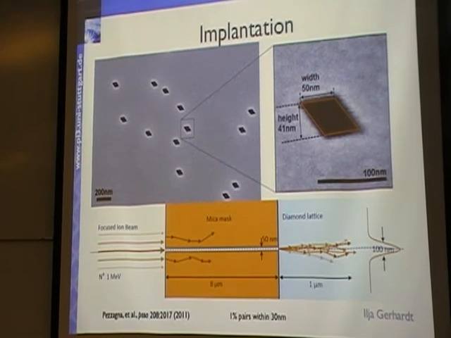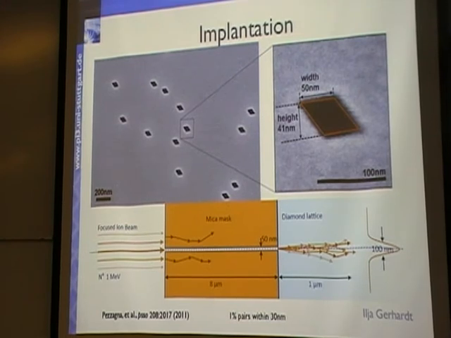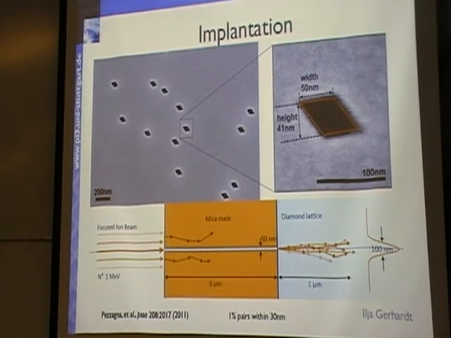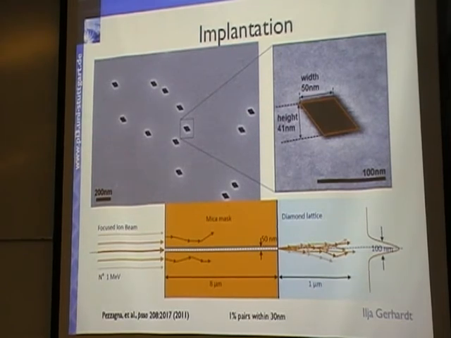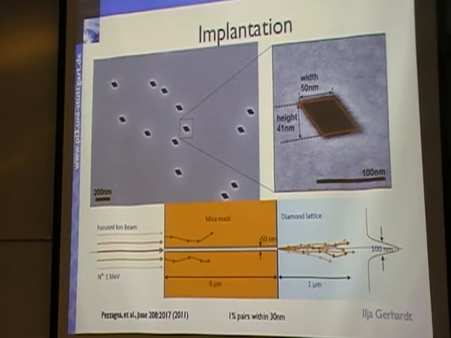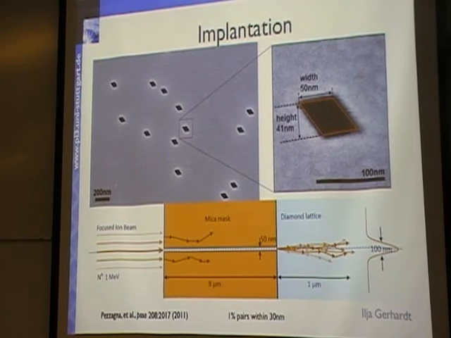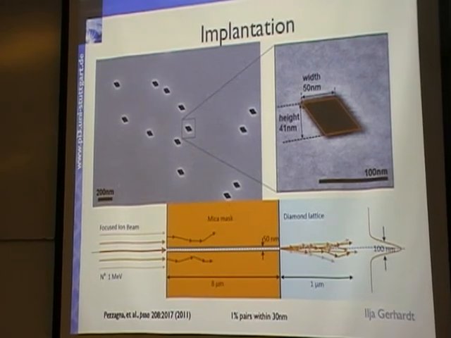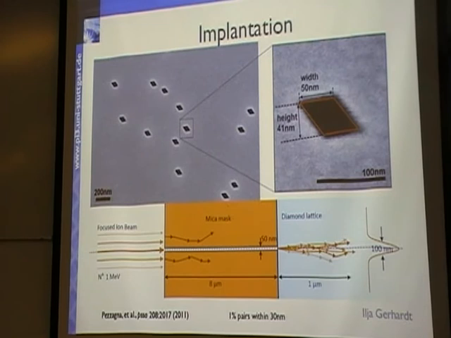And so it was pretty interesting. There was a student building this up, and he was searching NV center pairs in such an implanted diamond, and he was able to find about 100 coupled centers in such an implantation run.